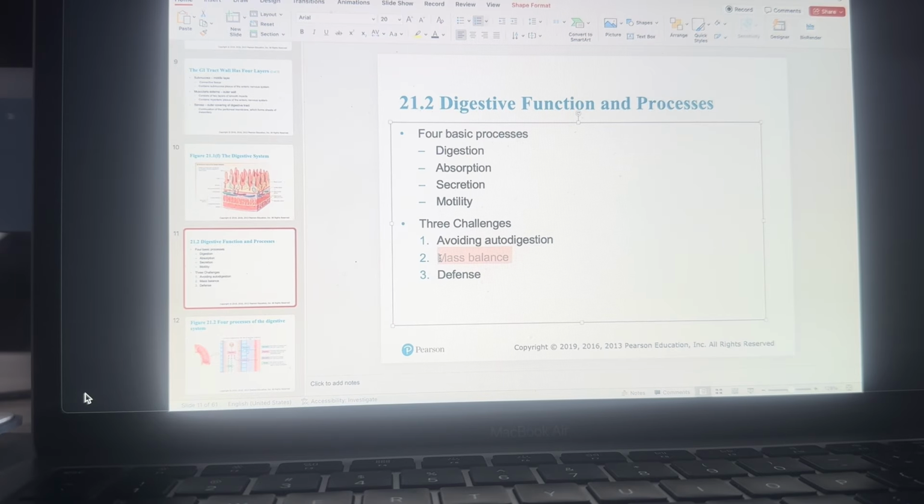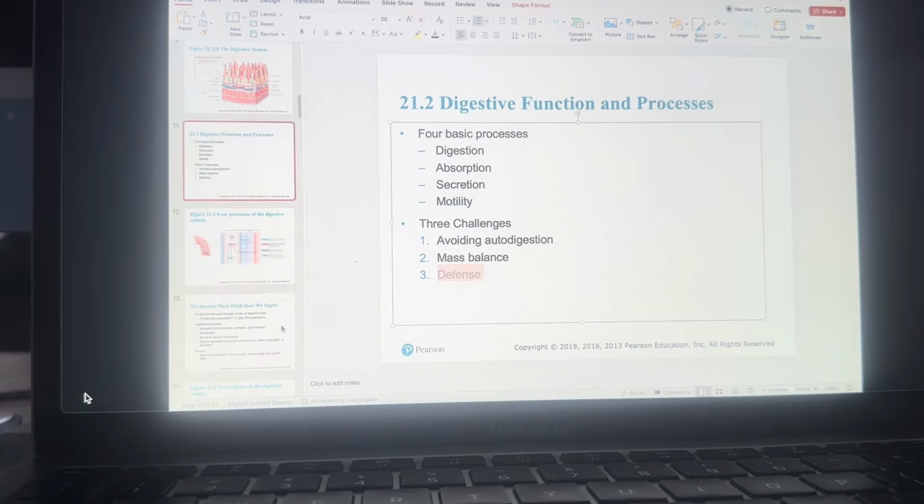If we're eating 10 pounds of food, we have to account for that 10 pounds. How much of that food are we using to build ourselves up, and how much is being removed as waste? It has to equal the mass balance law. And then defense. We're eating so many different types of things, and microorganisms make their way into our digestive tract. We need a way of protecting ourselves from those things.